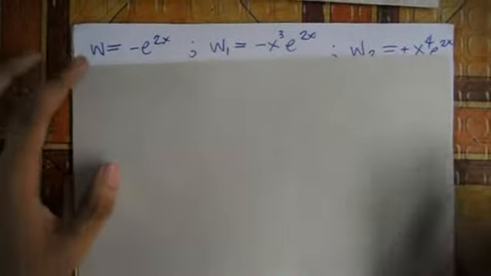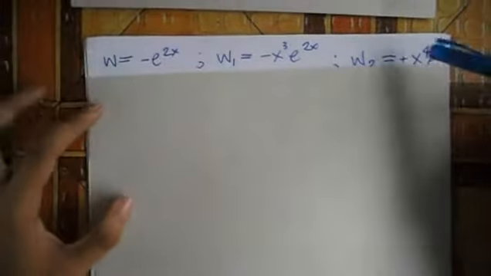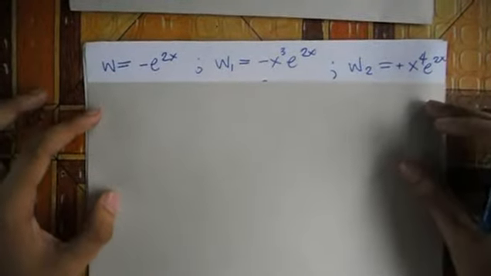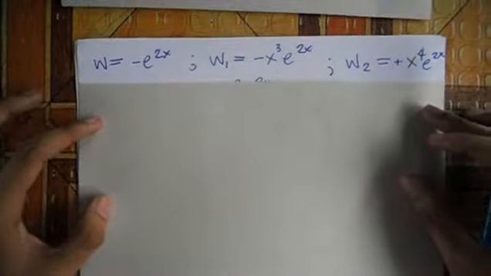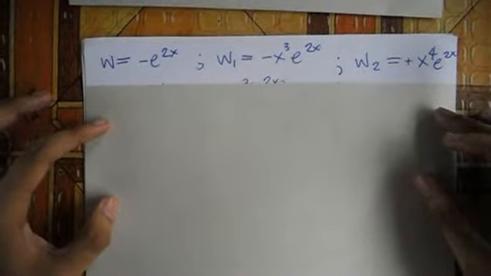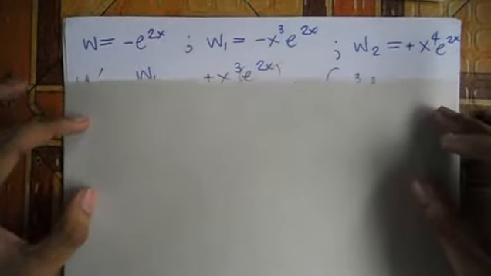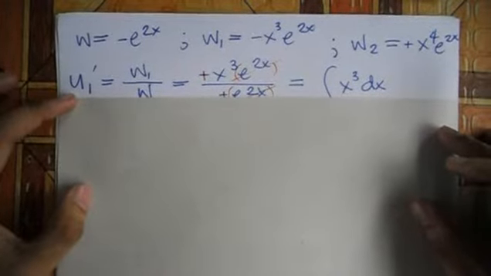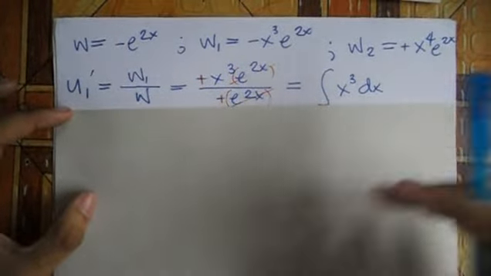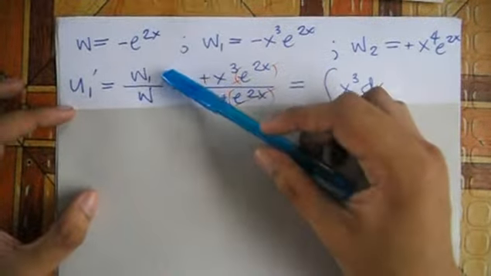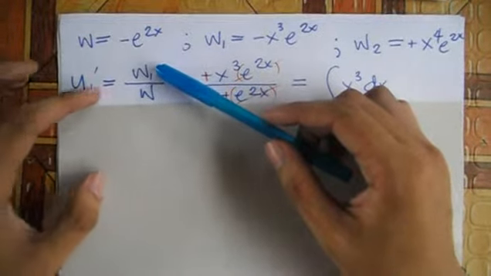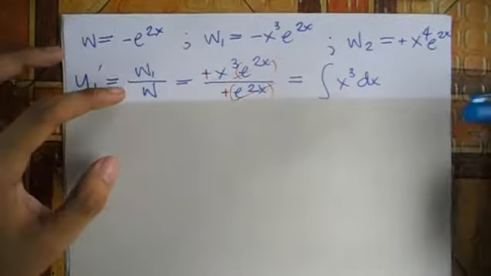Now next, after getting these values for w, w1 and w2, we will now try to derive values for u prime. We know that u1 prime is equal to w1 over w.